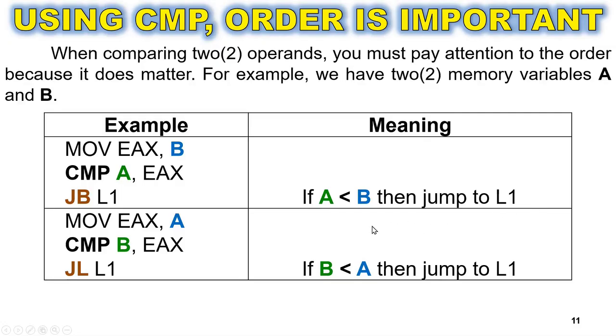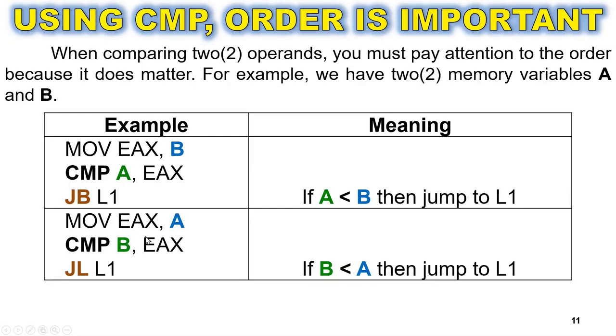So A is now the first operand, followed by less than, and then followed by the second operand, which is the variable B. If we want to perform the opposite, we can do it this way. This second assembly language code gives us a way to perform the opposite comparison.